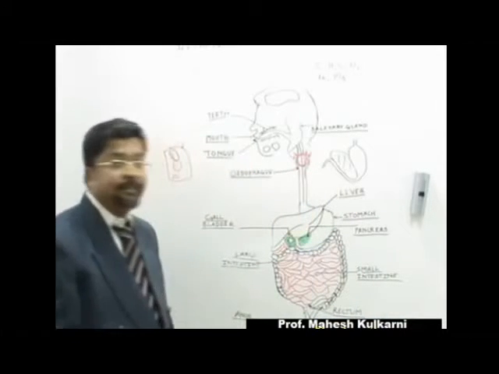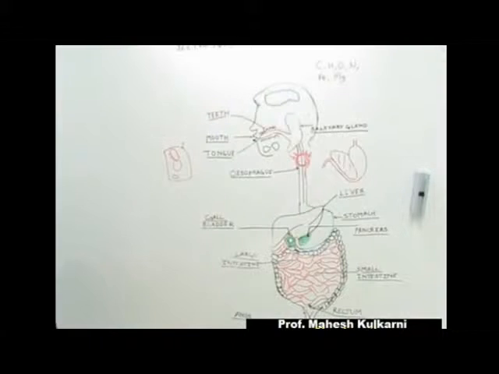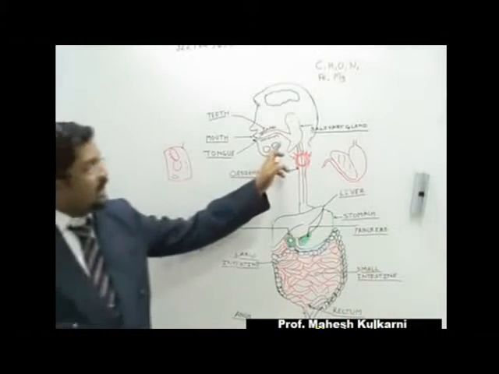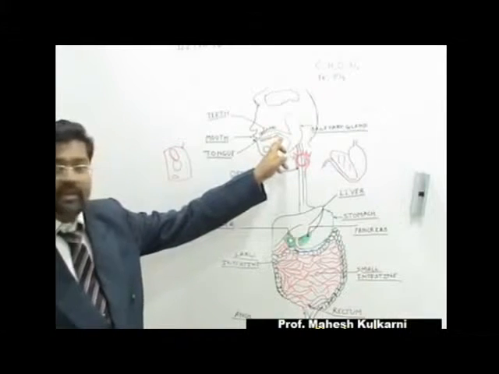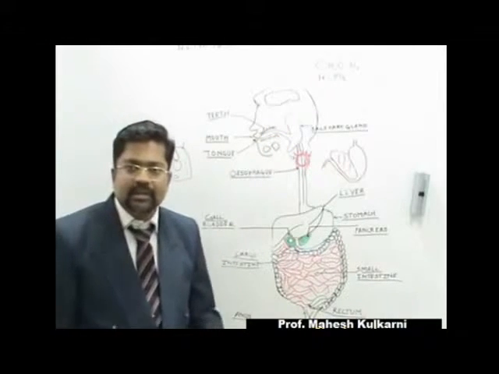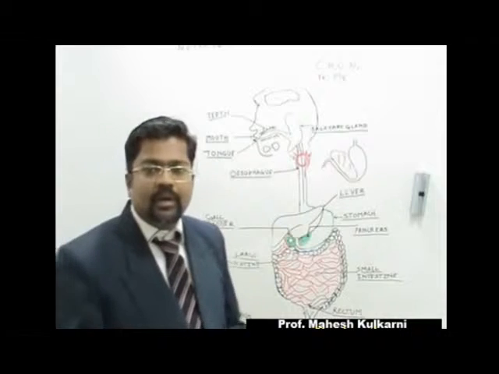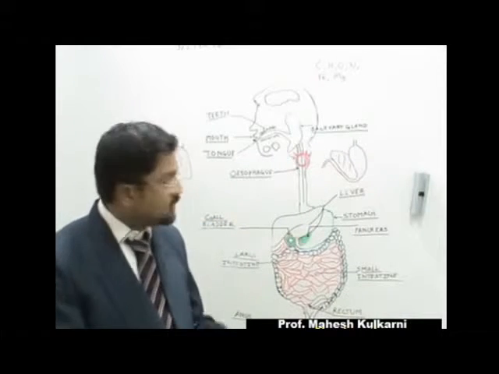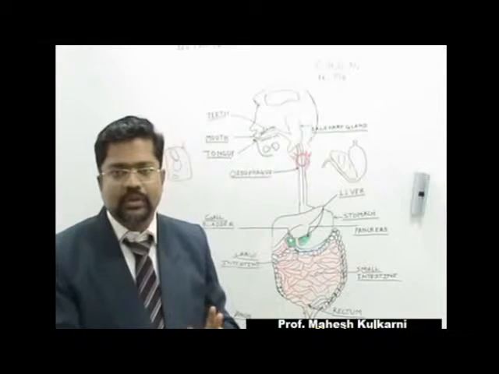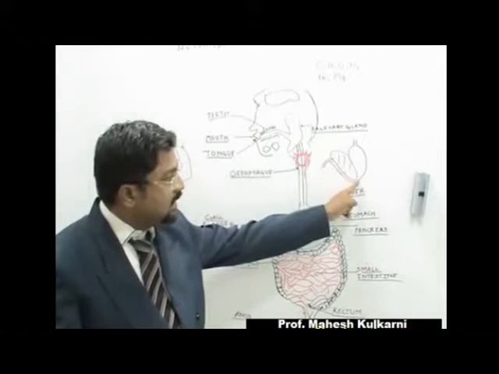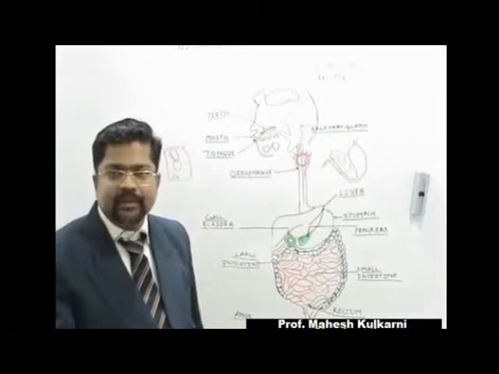Like in this diagram, you can see that salivary glands are there, and they release saliva in the mouth portion. In the same way, the pancreas produces pancreatic juice, and with the help of a duct, it enters the duodenum.